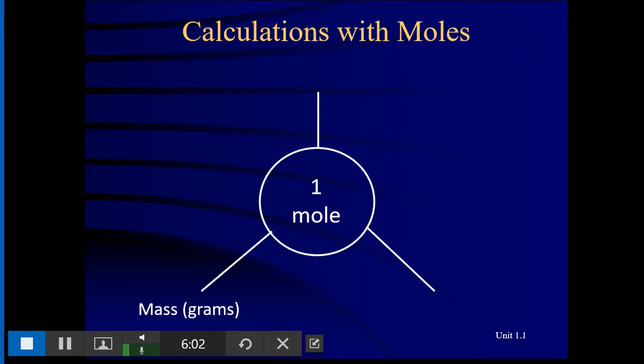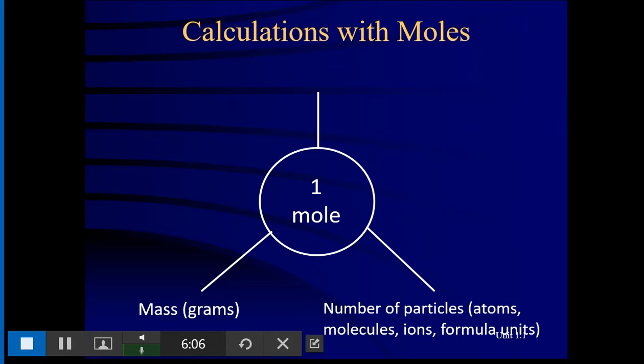We have a number of moles and we want to know how many grams that is. Or maybe we want to convert from number of particles, atoms, molecules, ions, formula units, that's just a fancy term that means number of ionic compounds. If we wanted to convert between that and a mole, we can.